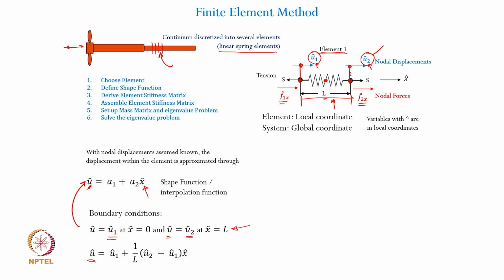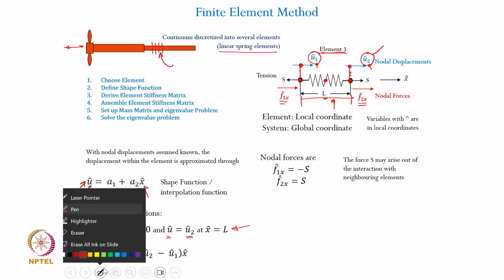Once this is done, we can relook at the nodal forces. What are the nodal forces? We can see that the nodal forces are defined the way you see it here at these two locations.